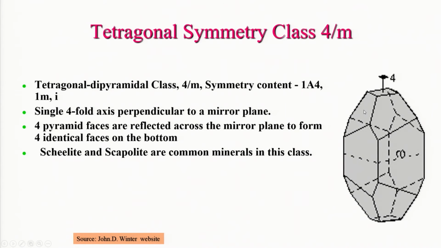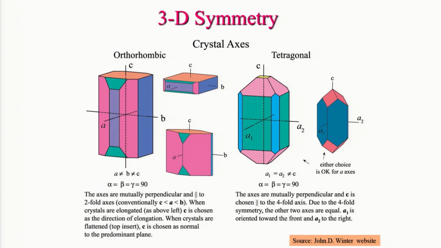One pyramidal face is here, another pyramidal face here, and there are two on the opposite sides here. All these pyramidal faces can be related to each other by rotation of say 90 degree. The examples of minerals which come under 4 over m are scheelite and scapolite. So, these two minerals crystallized under the 4 over m crystal class.